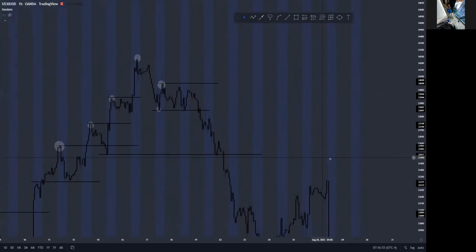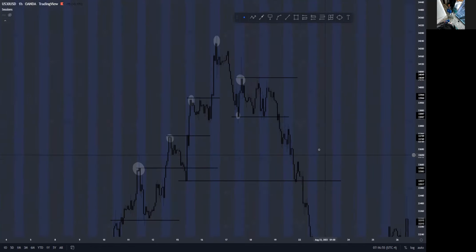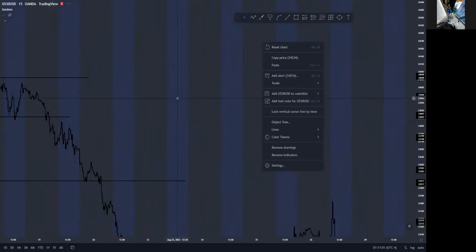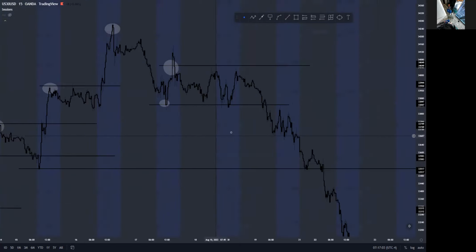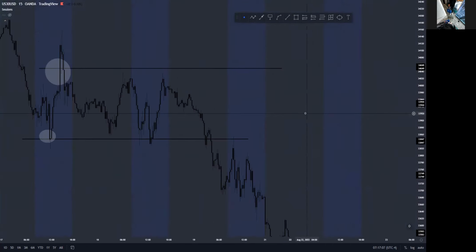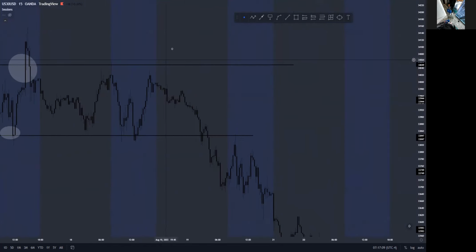Also, I did have another position here, and this was only because of the 15-minute time frame, if we can go all the way back. Remember how I was saying you can be in the position at the top here, or you can be in the position when it breaks the lows.